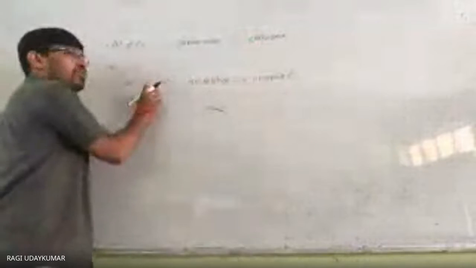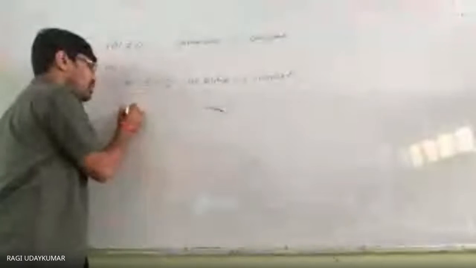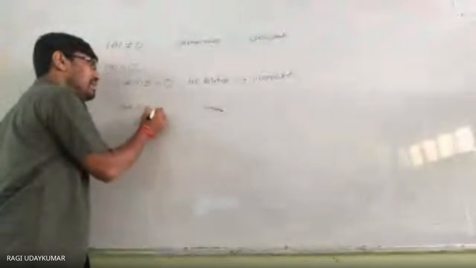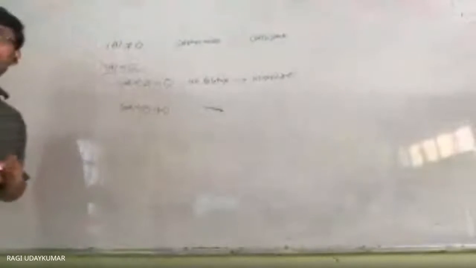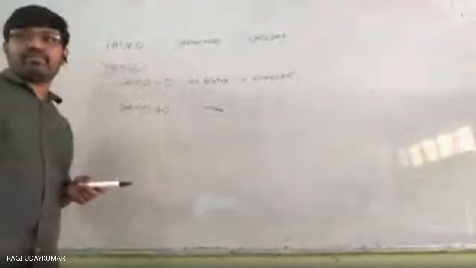And in this case, if adjoint of A into B is not a null matrix, A inverse will not exist. Adjoint of A into B not equal to O means no solution.